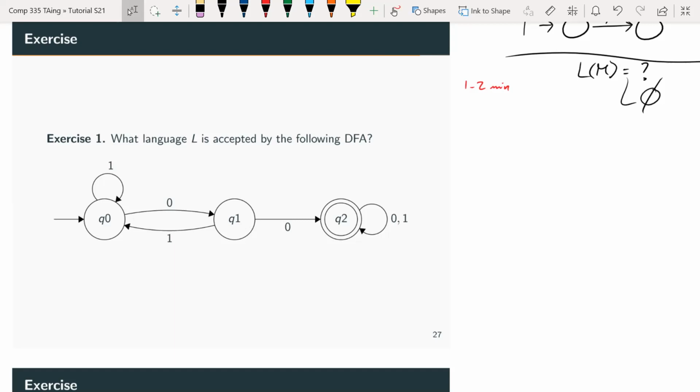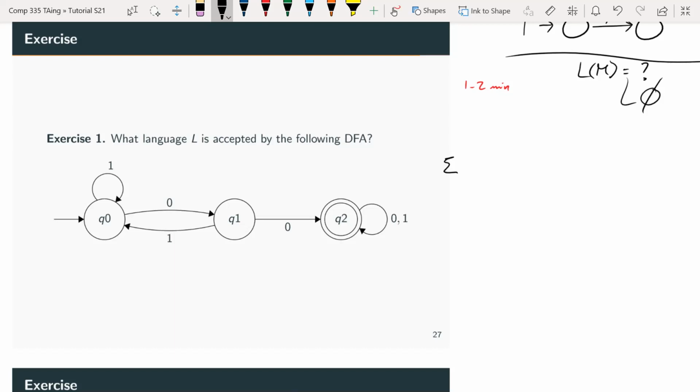One way, which only works for very simple DFAs such as this one, is to list some of the smallest strings over the alphabet sigma and determine which are accepted and which are not. Based on that, you start to see a pattern, and in my opinion that pattern is usually enough to say the language accepted by this DFA is some general language. So that's what I'm going to do here.